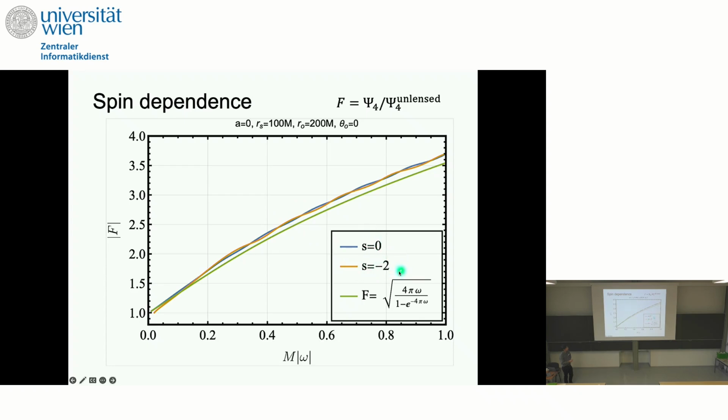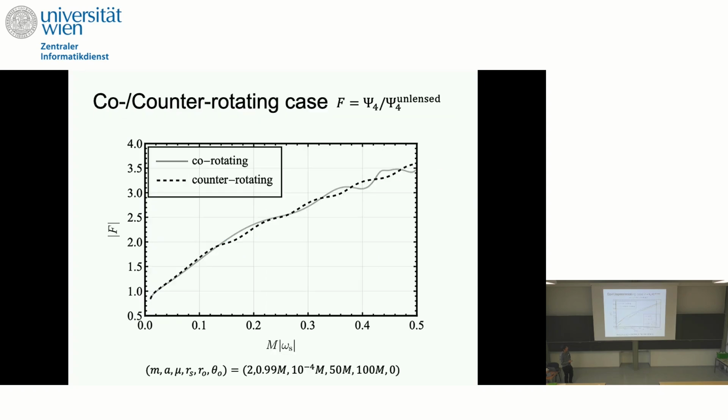We can see small changes. We also plotted an analytic formula obtained by geometrical optics, but we are still not clear why this offset occurs. Maybe some factor is omitted here, I guess. In any case.